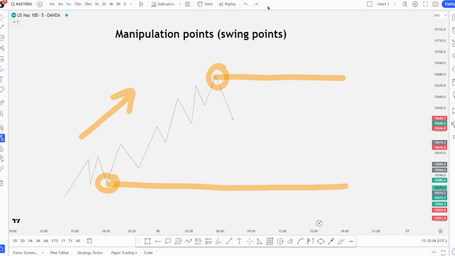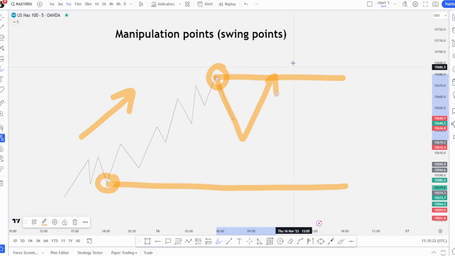So, the criteria for a break of structure when it comes to swing points or manipulation points, again, these are the same thing. It's just a case of this is what they actually are, but this is what they're referred to. Okay, so if we push above, okay, we need to see 2 full candle opens and closes outside of our swing high.